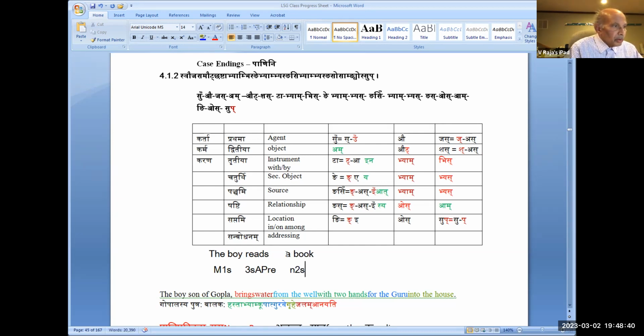And let me put books to make it more complicated. This is plural. Now, in a simple way, who reads the book? The boy. Boy is the subject. It is instructing the verb.